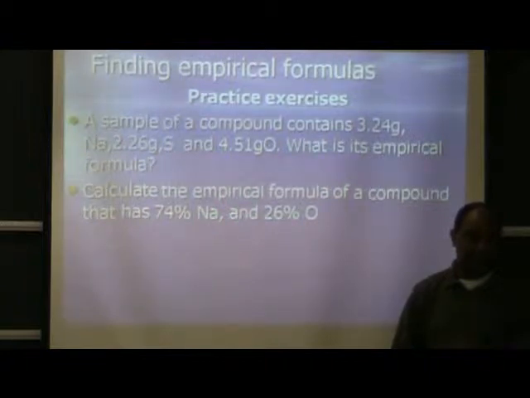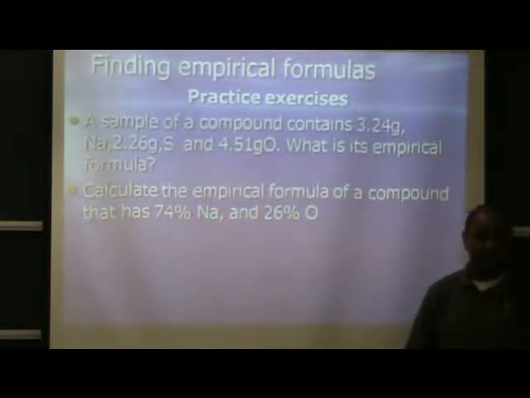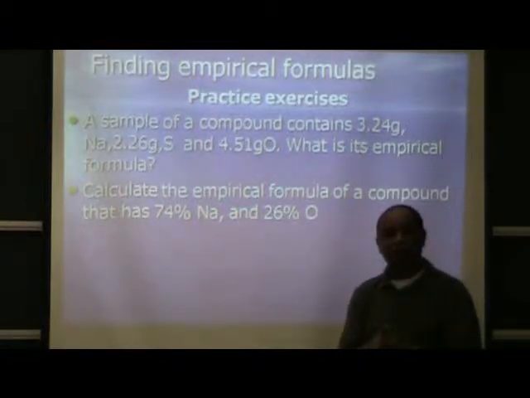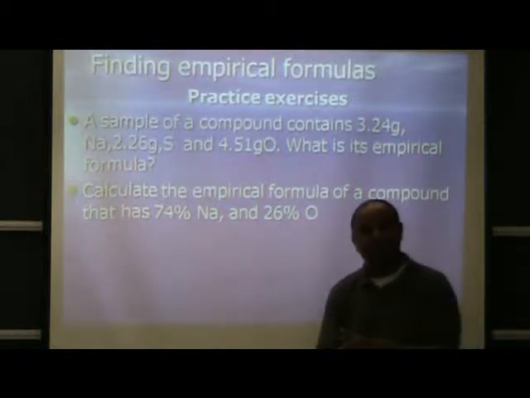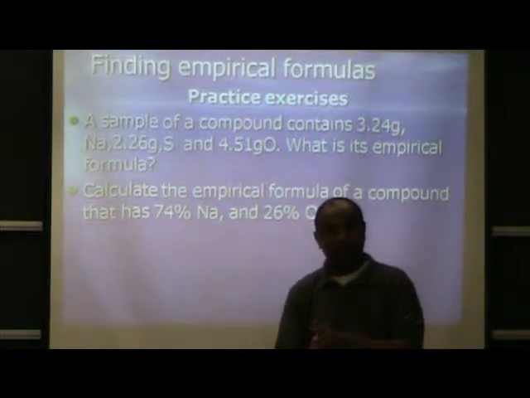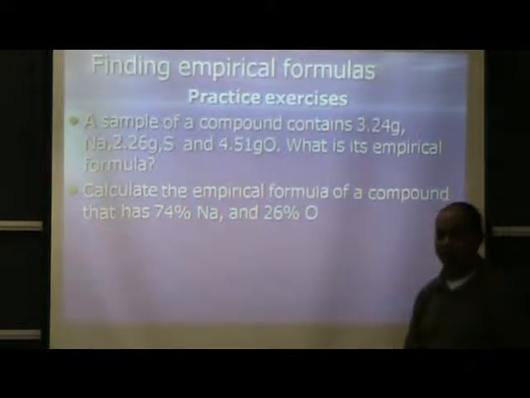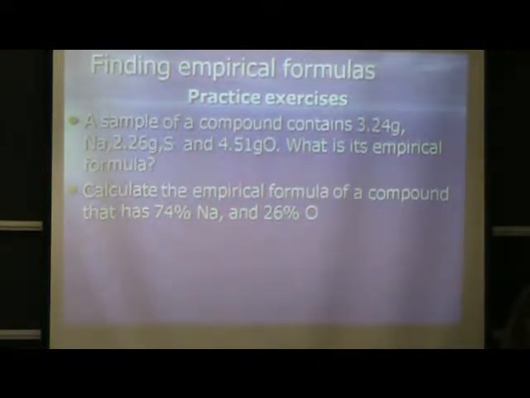You determine the amount of oxygen by subtracting the original mass of magnesium from the mass of magnesium oxide, the burned magnesium. If it is burned, there is oxygen there. So you subtract.